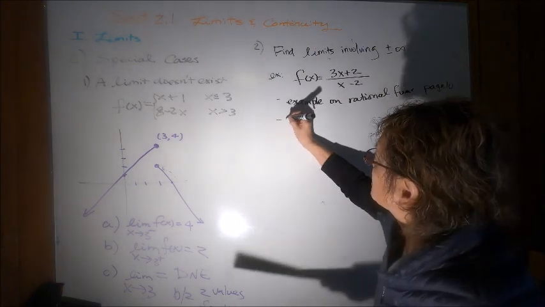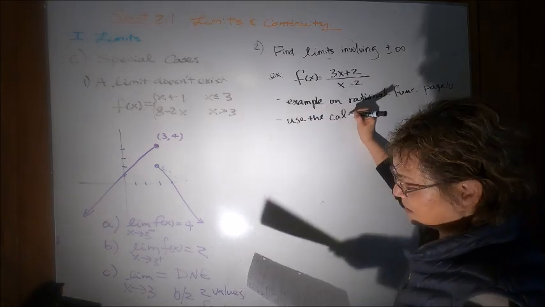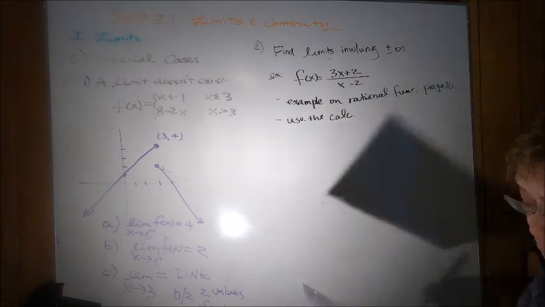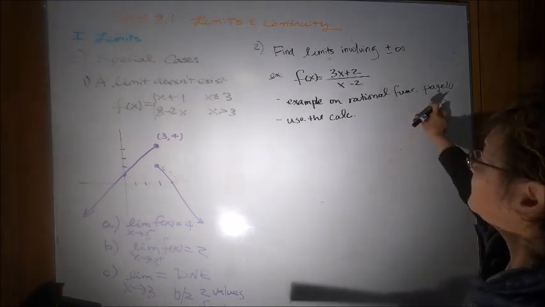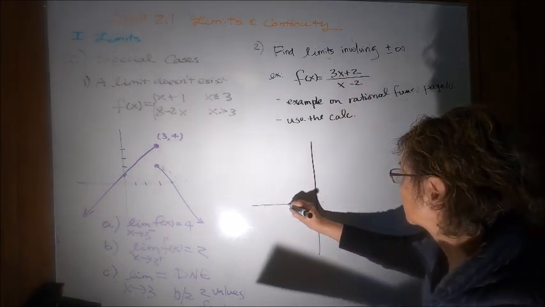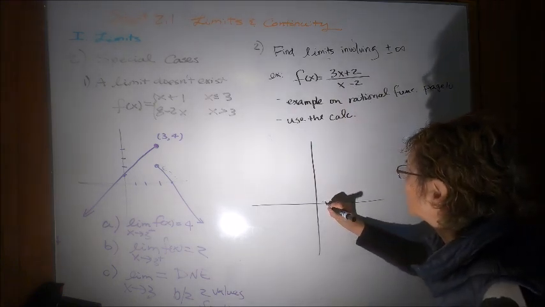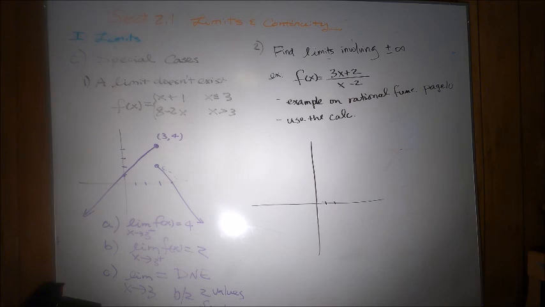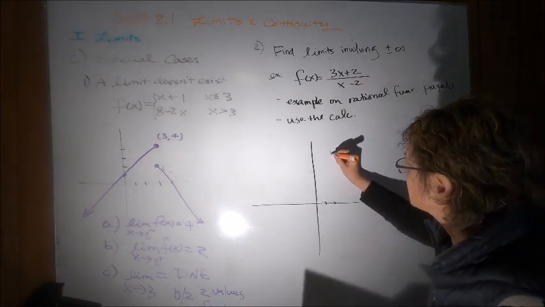Also, we can use the calculator to figure it out. So what do we have on page 10? You use the calculator and graph it. Do you think x can approach 2? Because the denominator cannot be 0, when x is 2 it's impossible, so it doesn't exist.